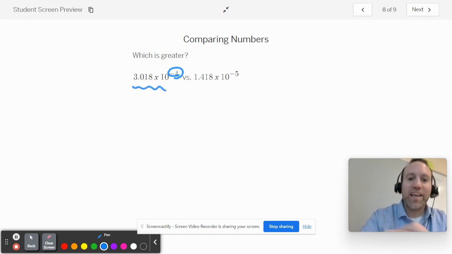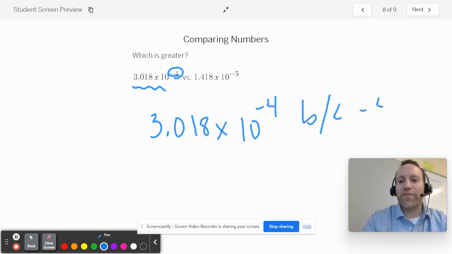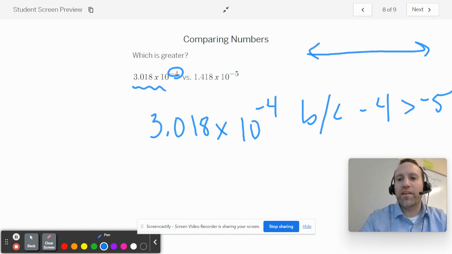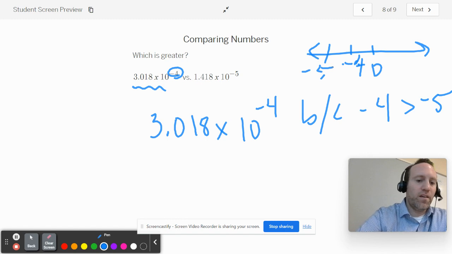So in this case, this one is now the greater number. Because again, negative 4 is greater than negative 5. If we were looking at a number line, here's 0, here's negative 4, and here's negative 5. So negative 4 is greater.